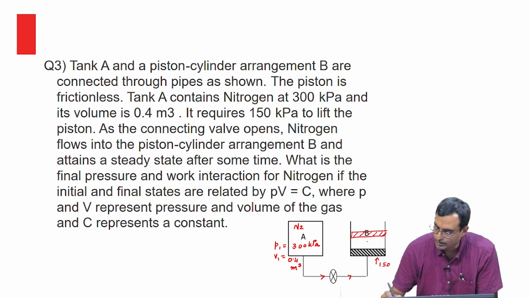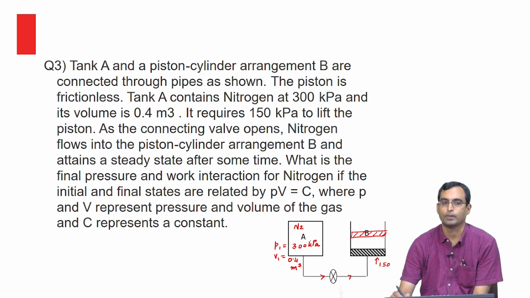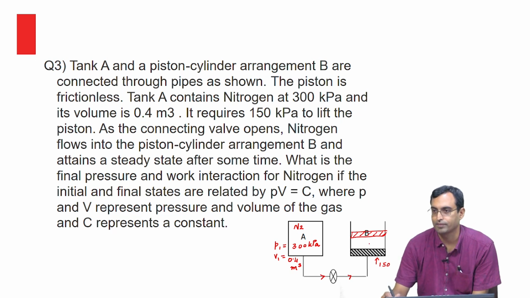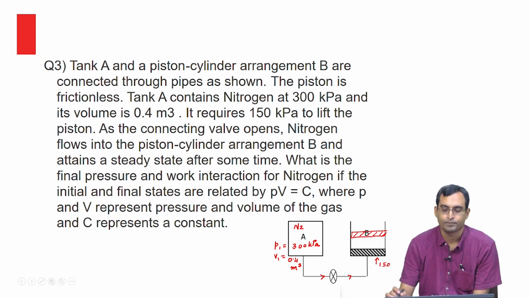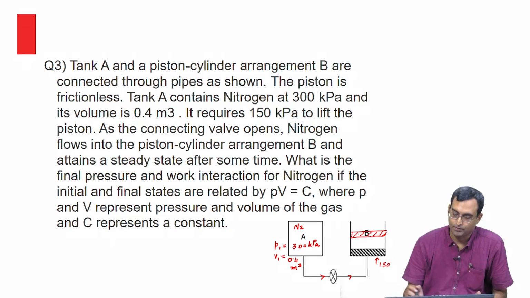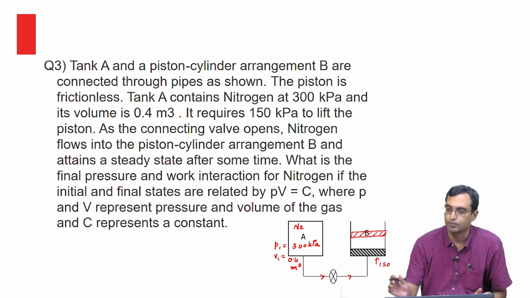This volume is also occupied by nitrogen from this. So, the pressure in this tank will keep coming down, and at some point the pressure here will become 150, the pressure here is also 150, it cannot push this piston anymore, and we expect that at that point things will become stationary. So, we will reach a steady state where this has moved there and it has stopped.